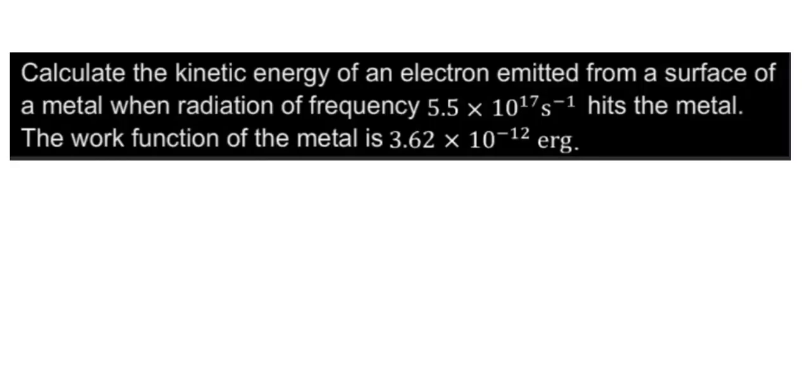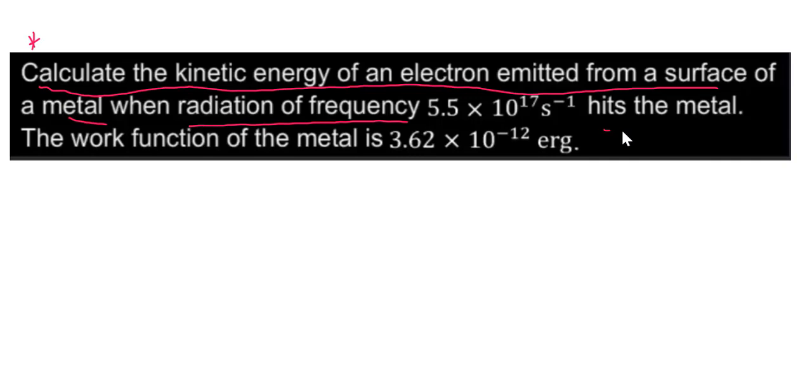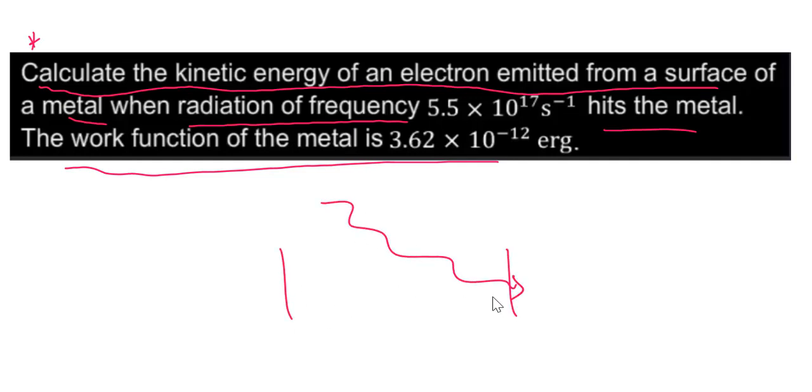Now a question, everyone: try to calculate the kinetic energy of an electron emitted from the surface of a metal when a radiation of a given frequency hits the metal. The work function of the metal is given. See here, this is the radiation of frequency 5.5 into 10 power 17.